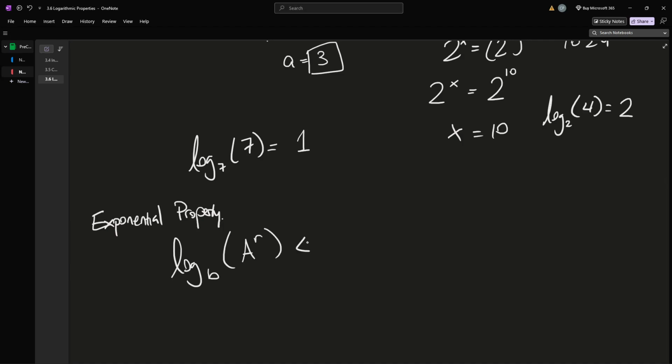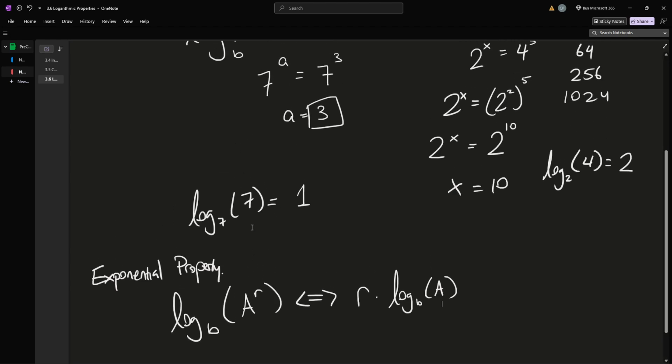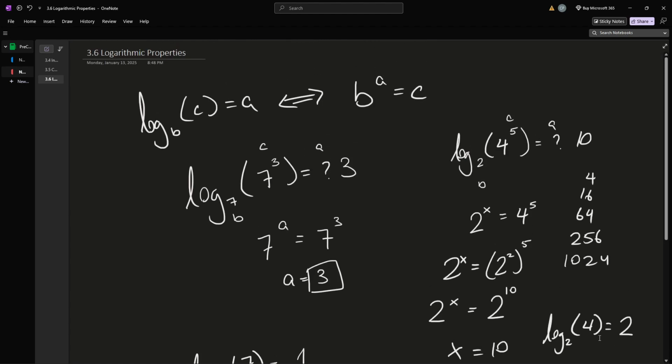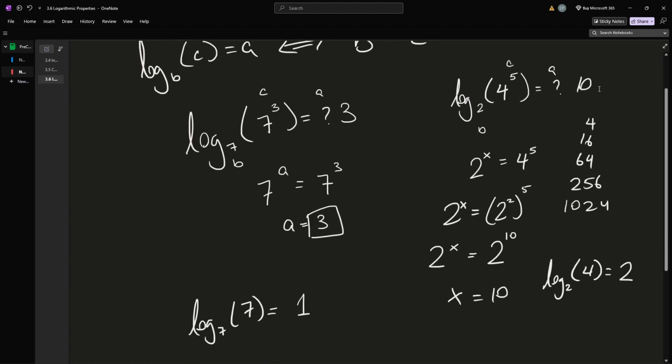This is equivalent to bringing the r out and multiplying it with the log base b of a. This right here, if I brought the 3 out, 3 times log base 7 of 7, which is 1. So 3 times 1 is 3. If I brought the 5 out, the log gave me 2. So 2 times 5 gives me 10.